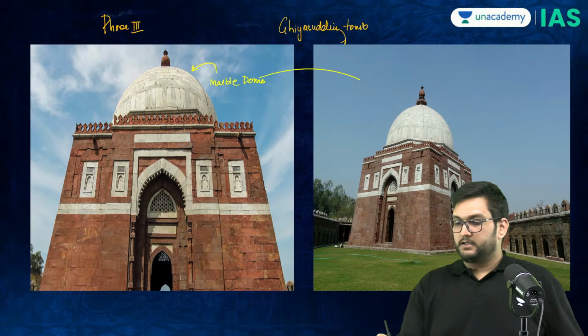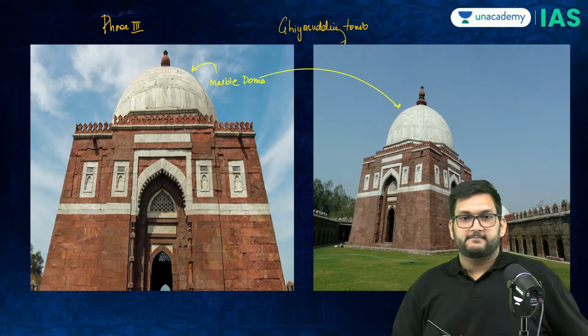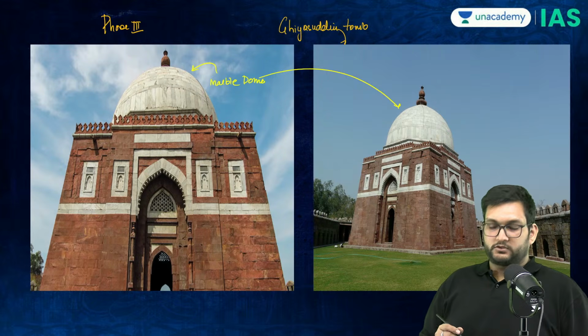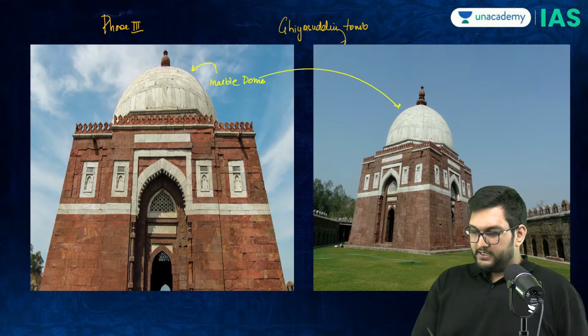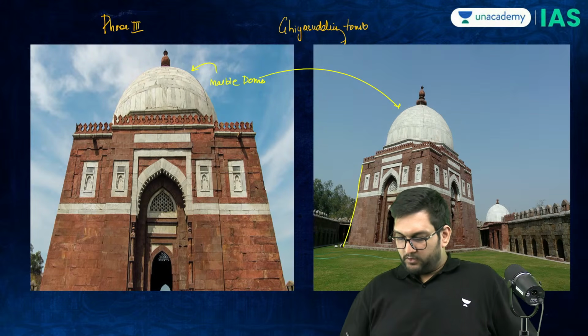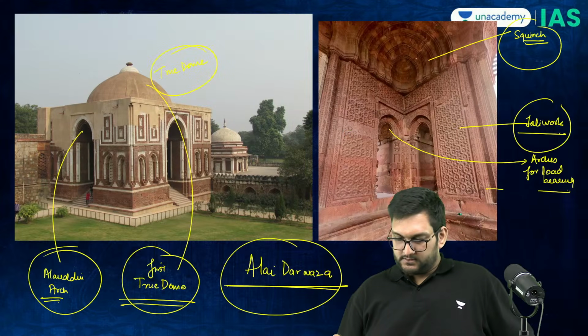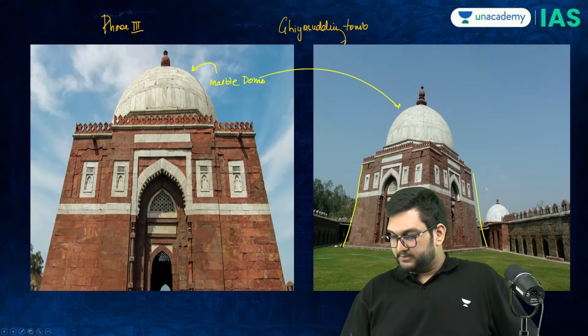You can see here the marble dome, not a true one. Then you can see the sloping walls, which we can write as batter.